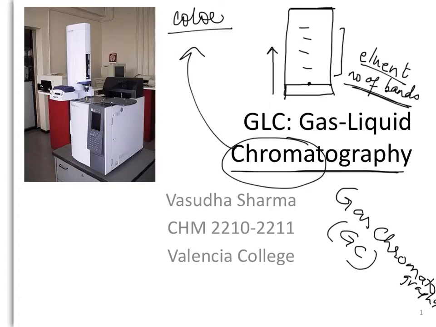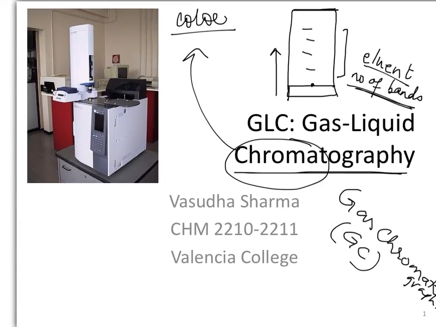So for example, let's say I had component A, this is A, this is B, this is C, this is D, and let's say water is my eluent. And if A is showing up least, that basically tells you that A is not very soluble in water, because guess what?